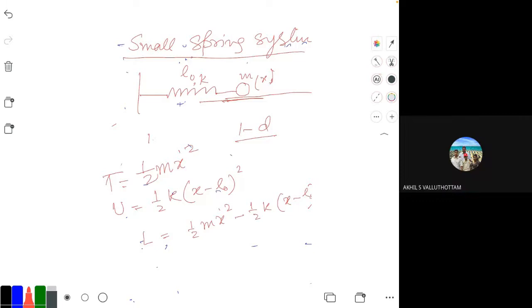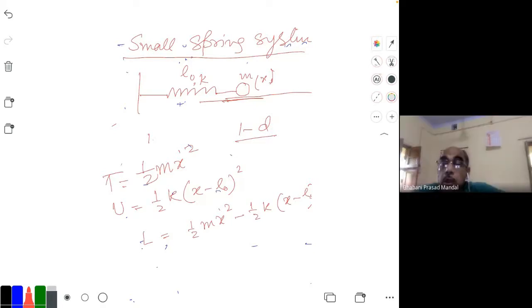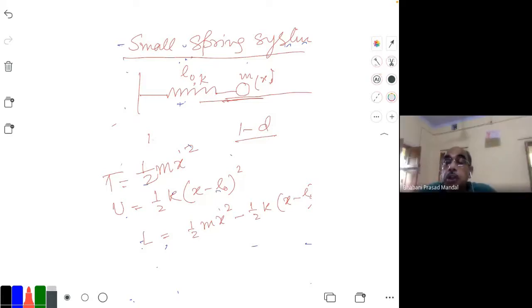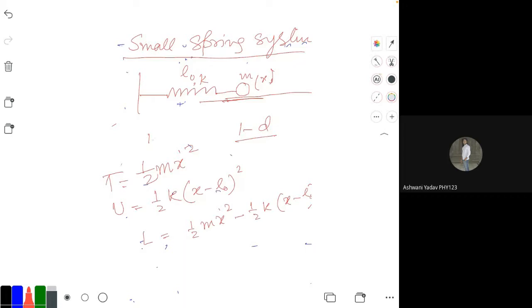Then Ankul. Sir, 162. 162. Okay. Ashutosh, 164. Yes sir. Ashwini, 123. Yes sir.